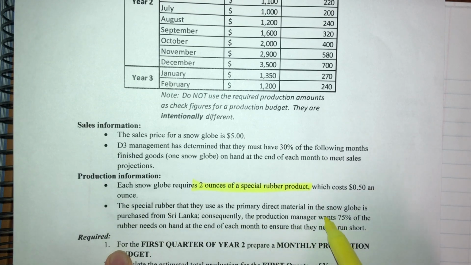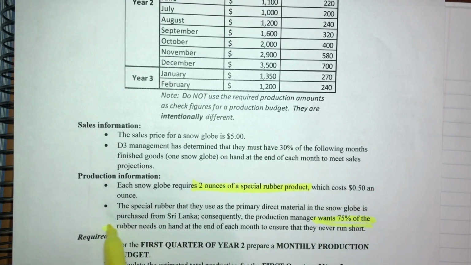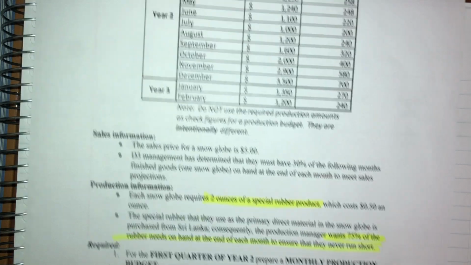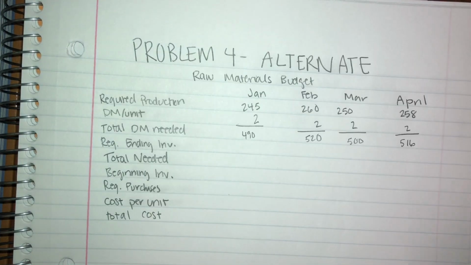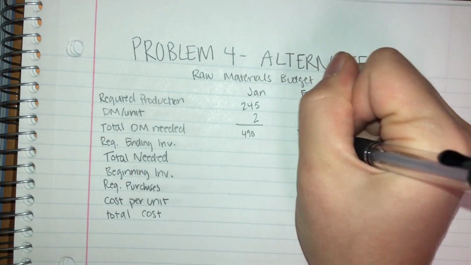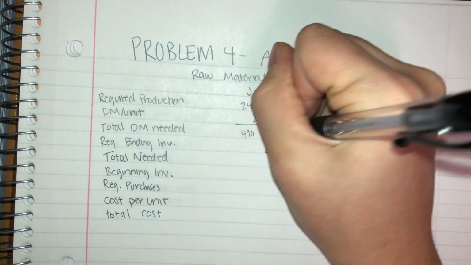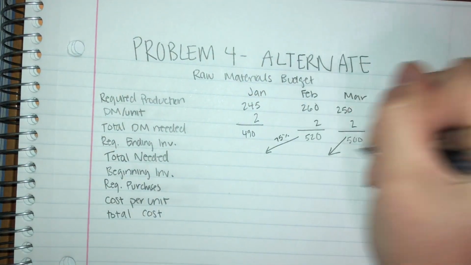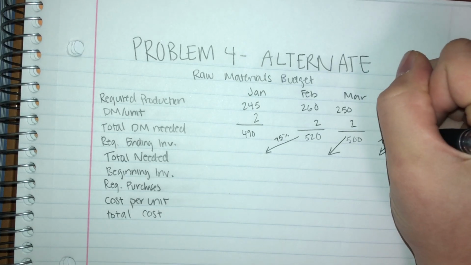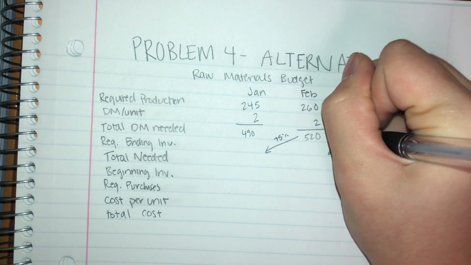Consequently, the production manager wants 75% of the rubber on hand at the end of the month. So we're going to multiply this number by 75%. These are the arrows that I really like to do. Again, you don't have to, but I'd recommend it.